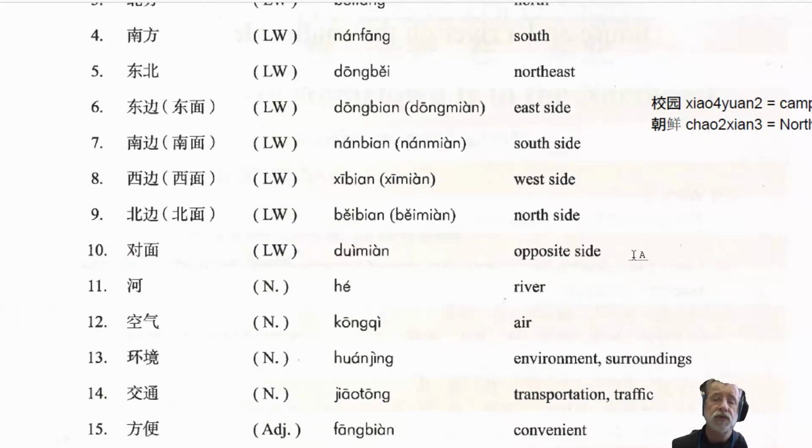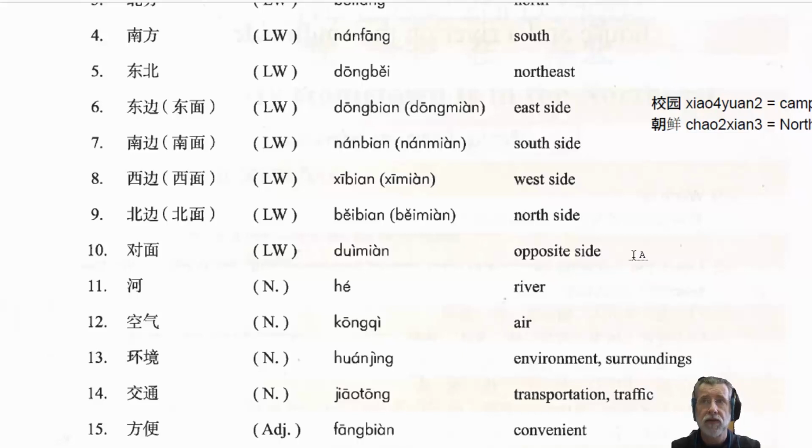Okay, so let's move on to another very handy word. So we're talking about positions of things, places, people in relation to other things, places, and people. And we have opposite side. And the term in Chinese is 对面.